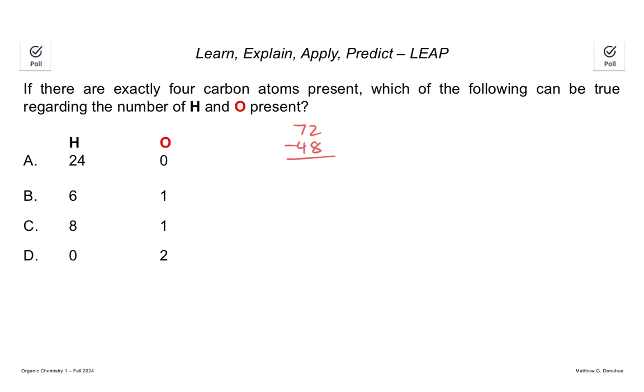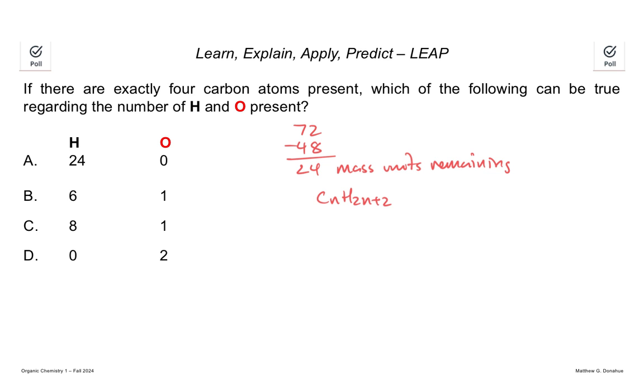So what do we have? 24. We have 24 mass units remaining we have to assign. Is A a reasonable answer? Why not? It's way past the maximum number of hydrogens.